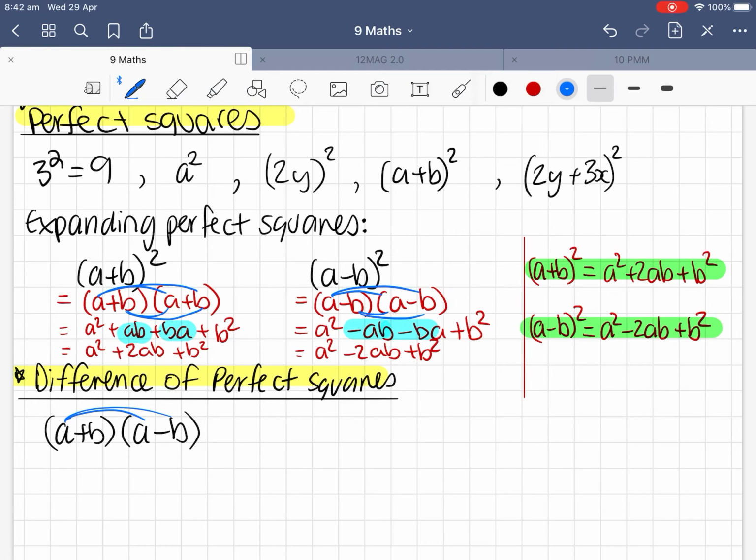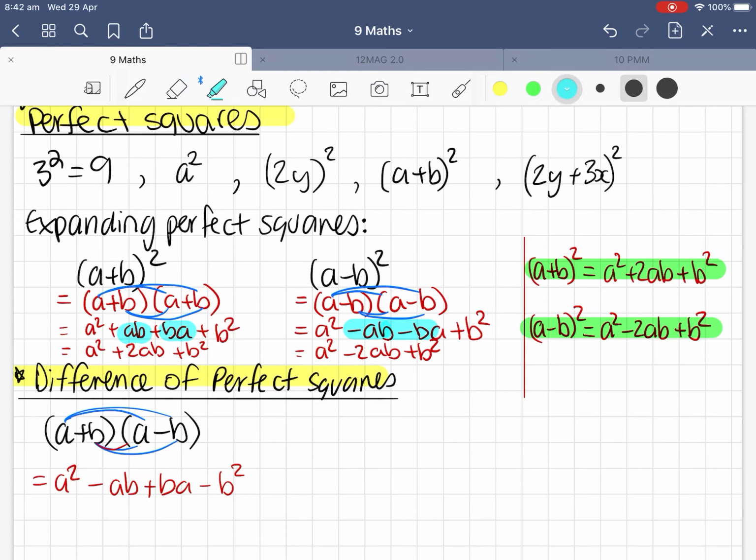First of all, we'll end up with a squared. We'll do our outer terms, inner terms, and last terms. So a squared, the outer terms minus ab, the inner terms plus ba, minus b squared.